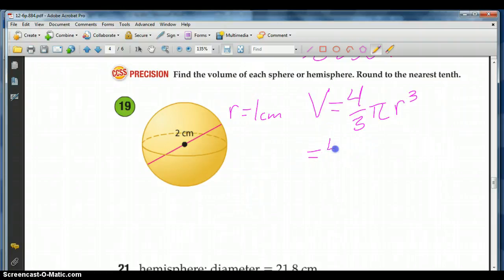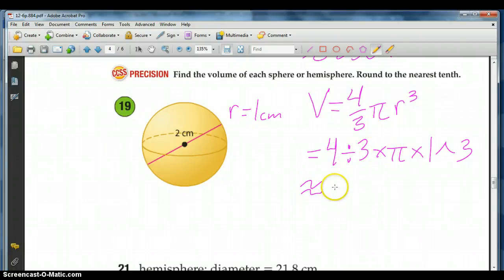So, we get 4 divided by 3 times pi times 1 to the third power. 1 times 1 times 1 is 1. So that pretty much goes away, and we just have 4 divided by 3 times pi, which is approximately 4.2. And don't forget, your units are cubic.